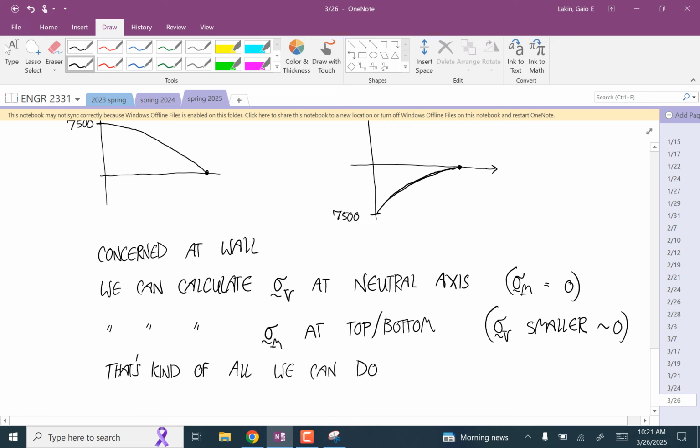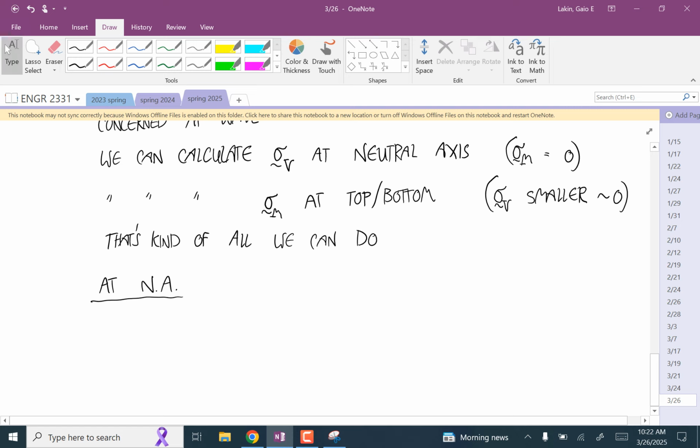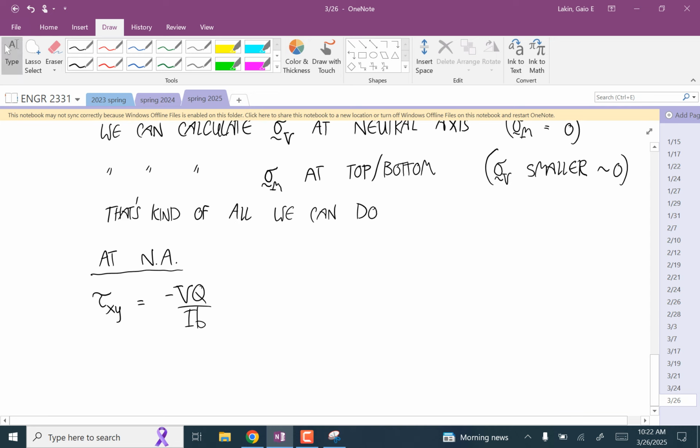But at the neutral axis, let's calculate the stress due to shear force. Well, tau xy is equal to negative VQ over Ib. We can calculate I. That is equal to pi over, was it 4 or 2? 4.